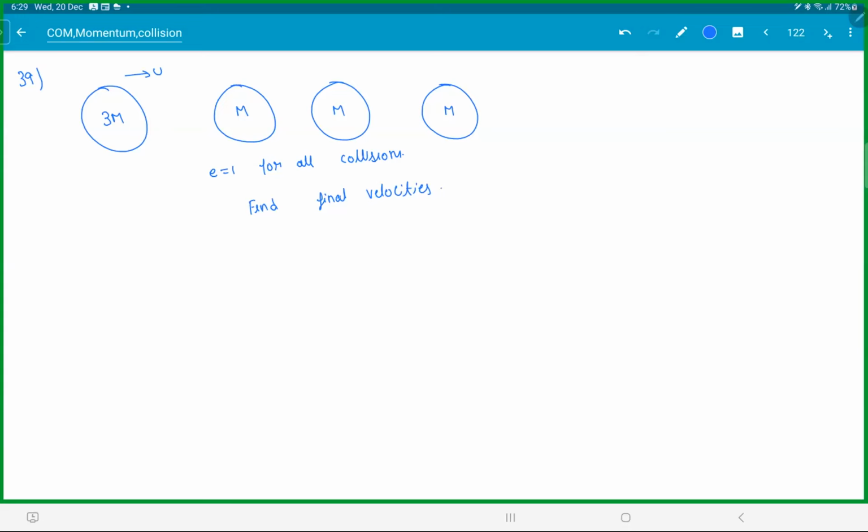Final velocities meaning after all collisions, the velocities of these four balls. Initially, these three are at rest. Try, I'll give 3 minutes. It's a good one. Involves little working, but yeah.